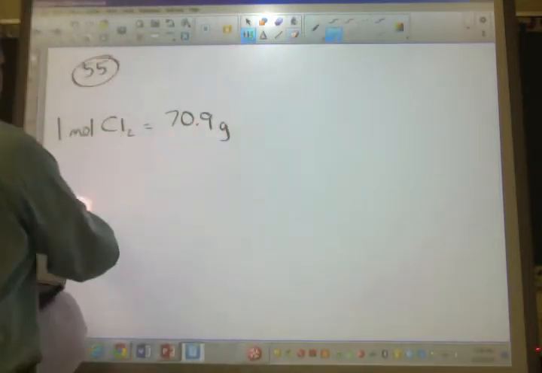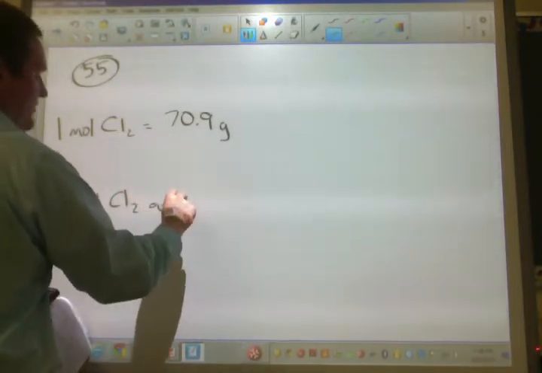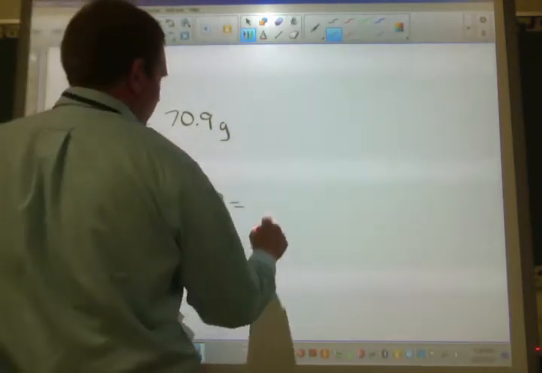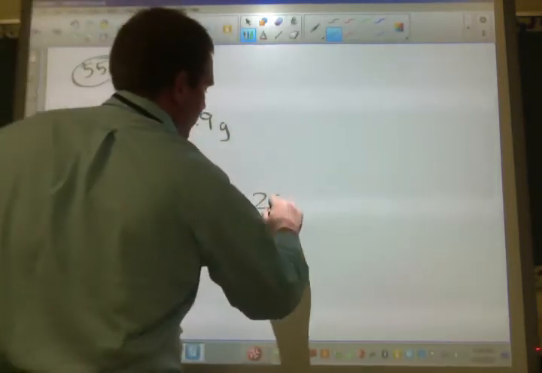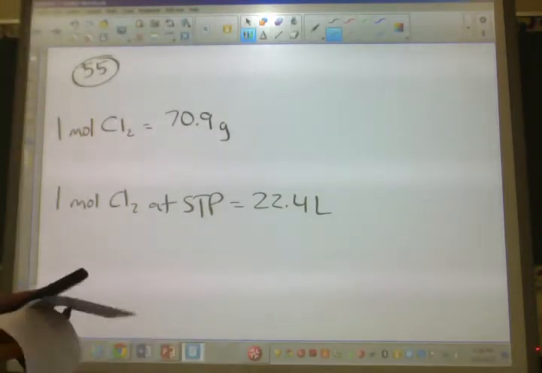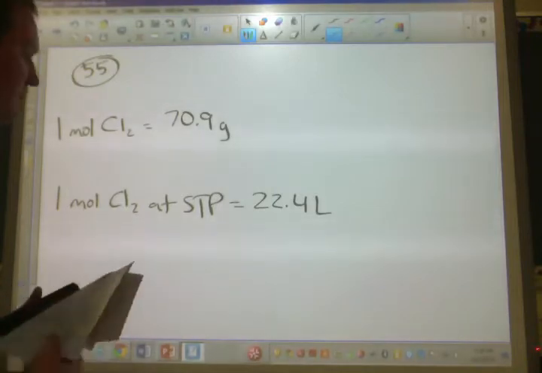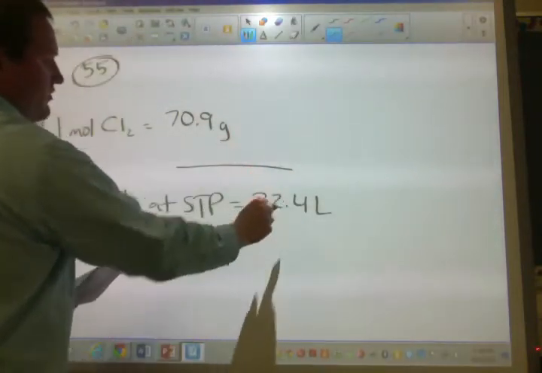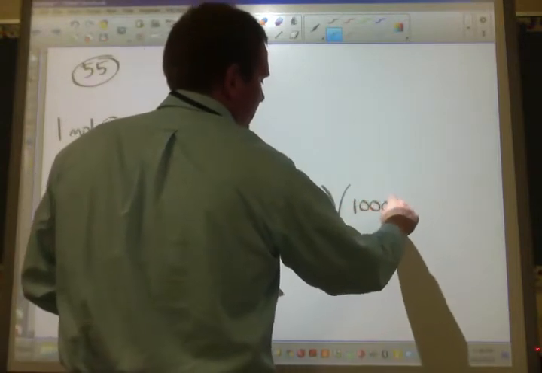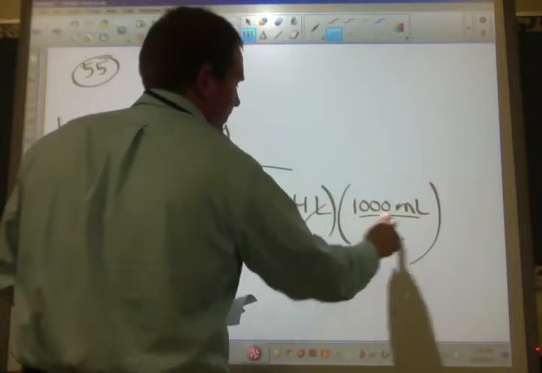Okay? If I have 1 mole of this gas at STP, I know what the volume is going to be, which is 22.4 liters. Okay? So I'm looking for grams per milliliter. Well, if I wanted grams per liter, it would just be grams over liter. So let's convert this to milliliters by saying 1,000 milliliters per liter. Liter cancels liter.